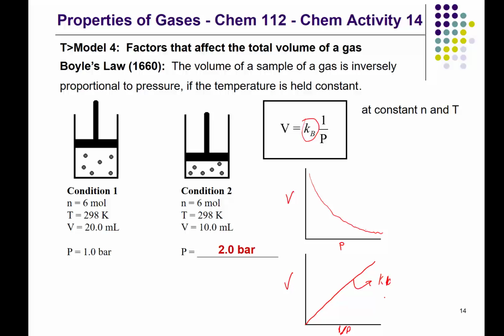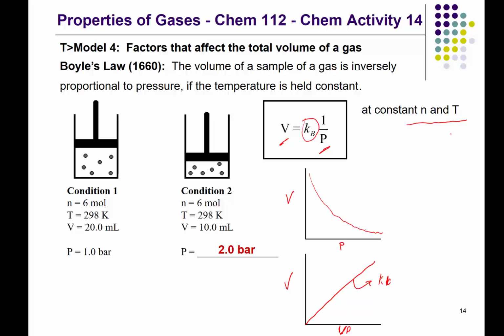Before we move on from this slide, once again, I want to remind you that we're exploring the relationship of volume and pressure, but this is at constant amount and temperature. This relationship only holds true if you keep the amount and temperature constant. If they were changed, well, then we could account for this, but you wouldn't see this inversely proportional relationship.